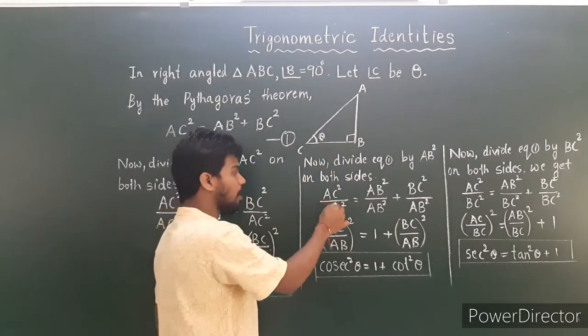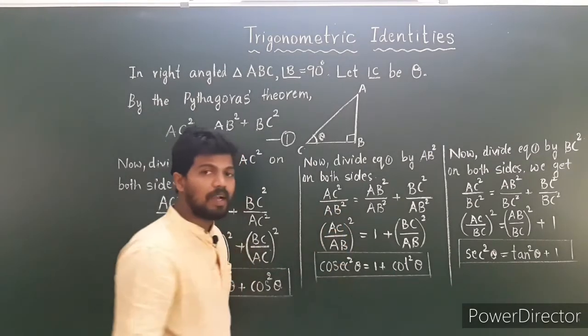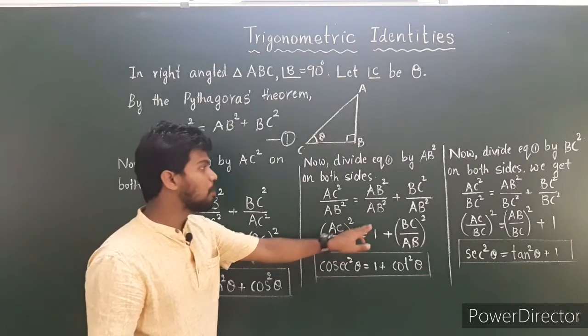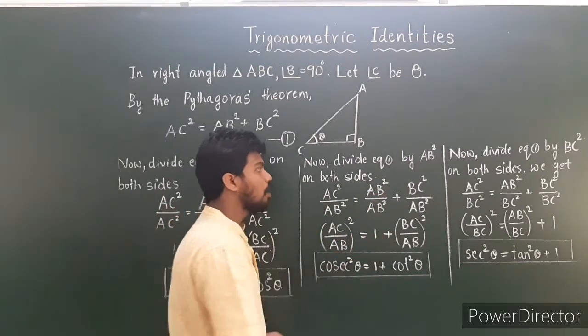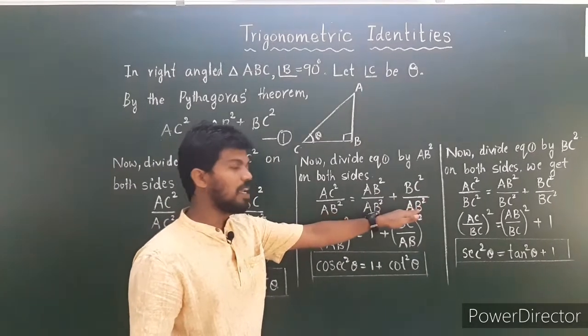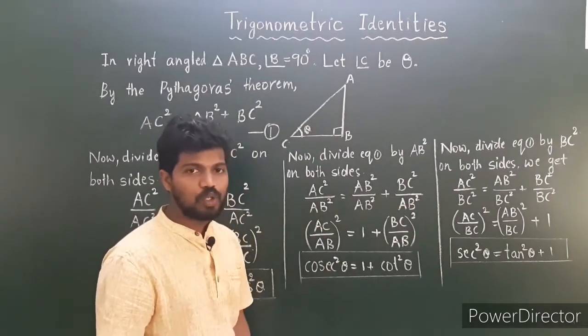AC by AB whole square is equal to, AB square gets cancelled and you get 1, plus BC square divided by AB square, which you write as BC by AB whole square.